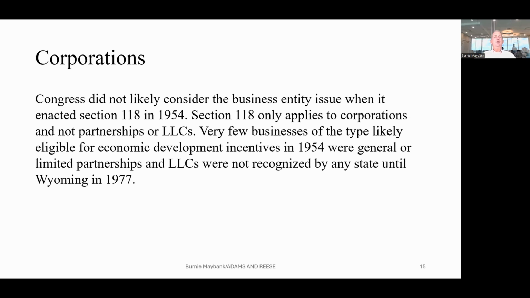So you ask, why did Congress limit the receipt of incentives or not taxation, why did they subject that just to corporations? Because in 1954, there were no LLCs, and partnerships were not receiving economic development incentives in 1954.